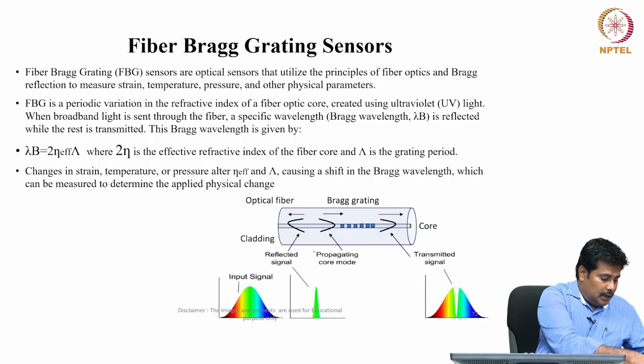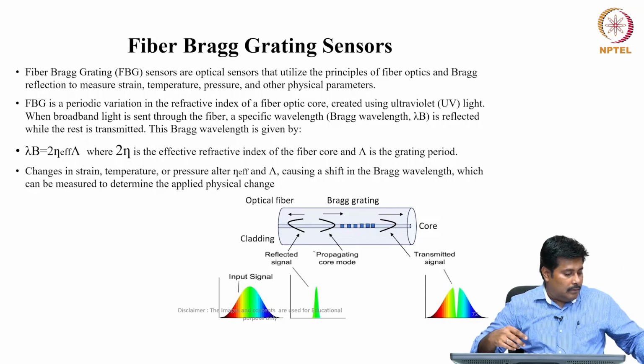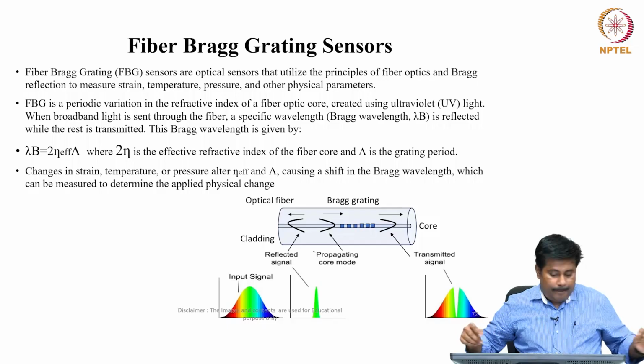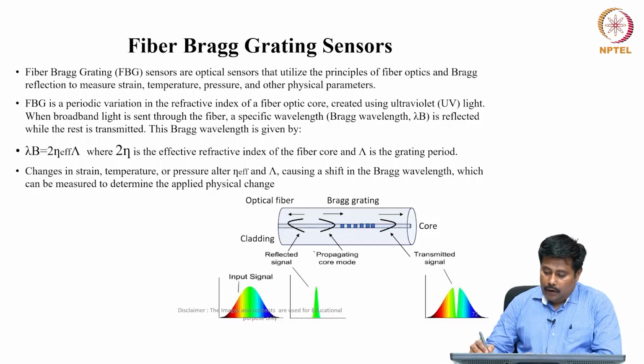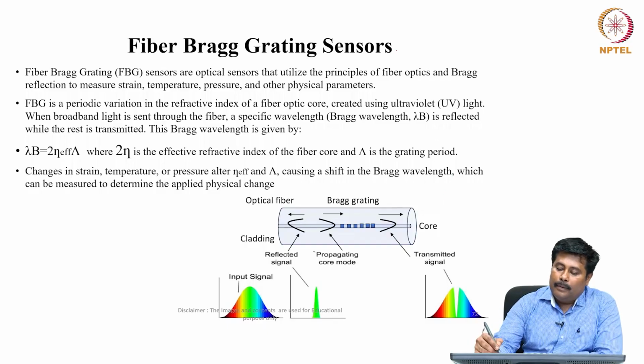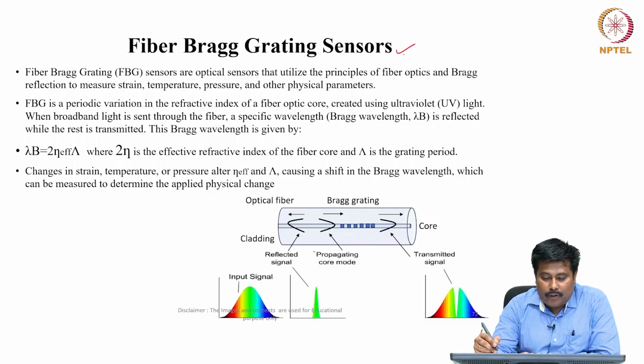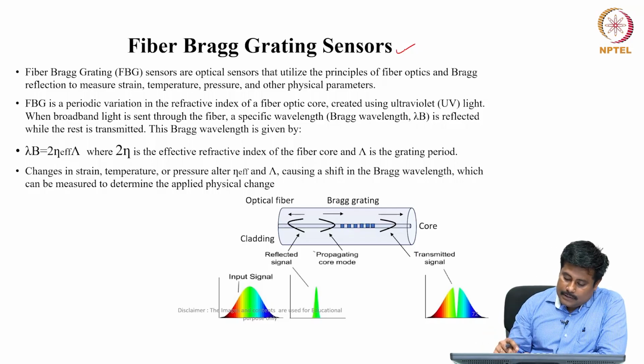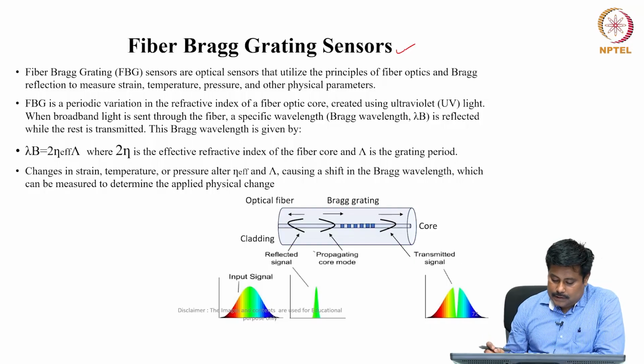In order to improve the sensitivity of an optical fiber, Bragg grating sensors are employed. Bragg grating sensors are nothing but gratings inscribed inside the optical fiber, where there is a core, a propagating core mode, and a transmitted signal.